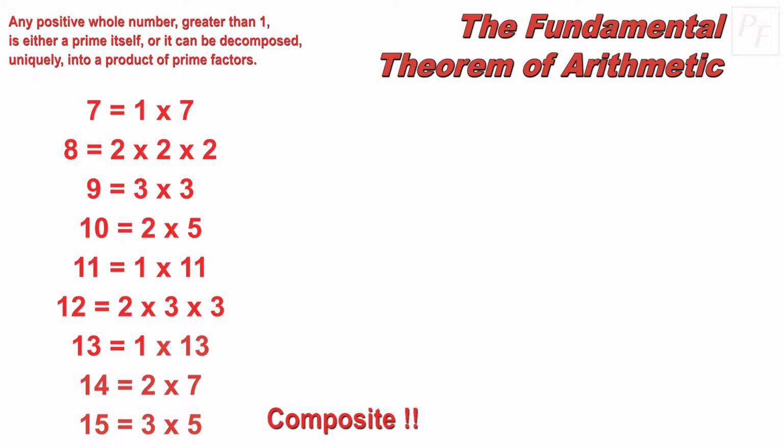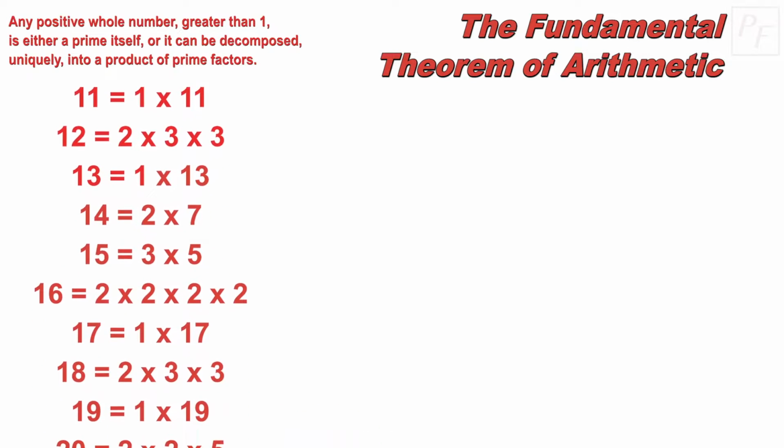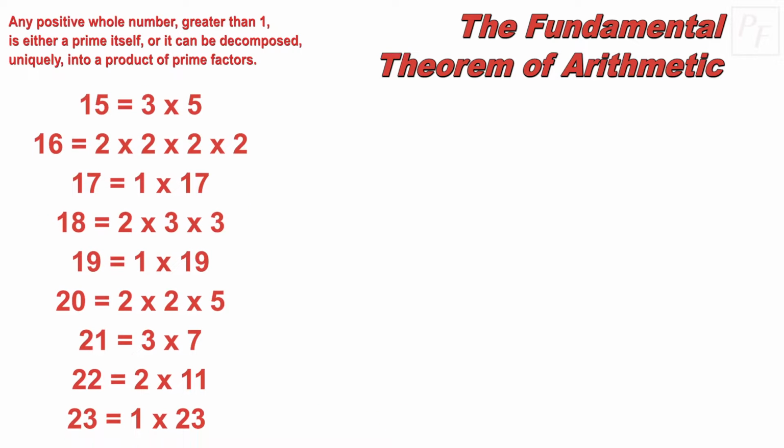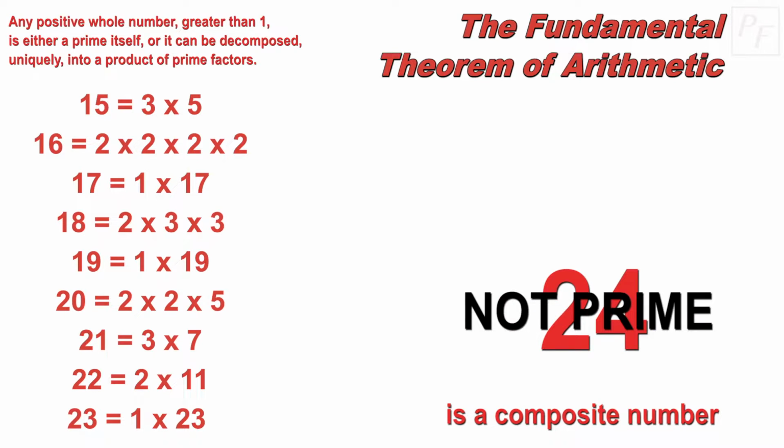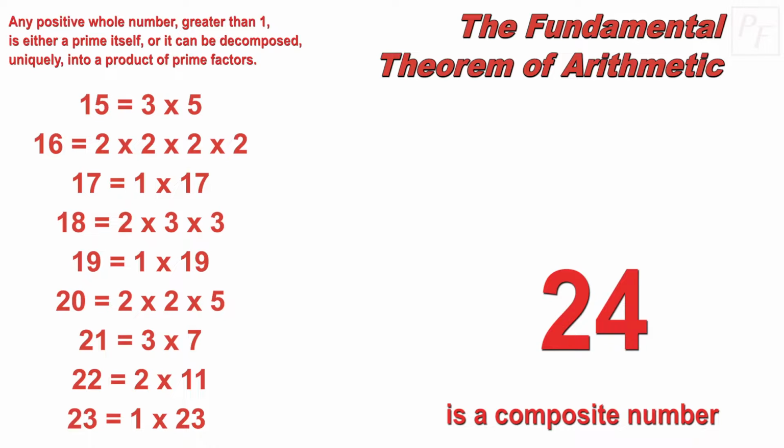Let us suppose, for example, we know this up to number 23. Then, the next number, 24, is either a prime or a composite number. If 24 were a prime, it is not, then we would have proved the theorem for number 24. If 24 is a composite number, it is, then 24 must necessarily be the product of at least two numbers different to 1, and which both must be smaller than 24.